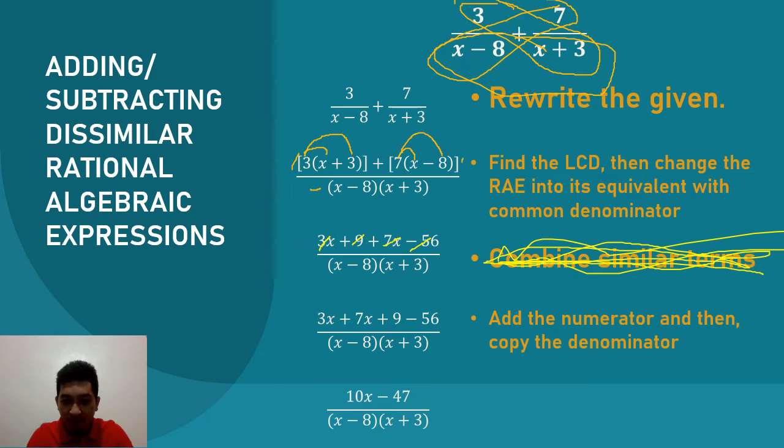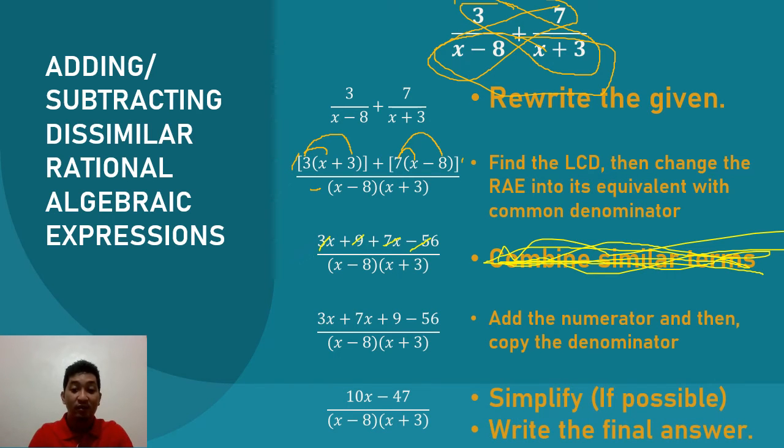So we have 3x plus 7x, that's 10x. 9 minus 56, that's negative 47. All over x minus 8 times the quantity of x plus 3. And you can still simplify if it is still possible. And then if not, that's the final answer. In this case, this is the final answer. Okay, so let's go with the tasks.